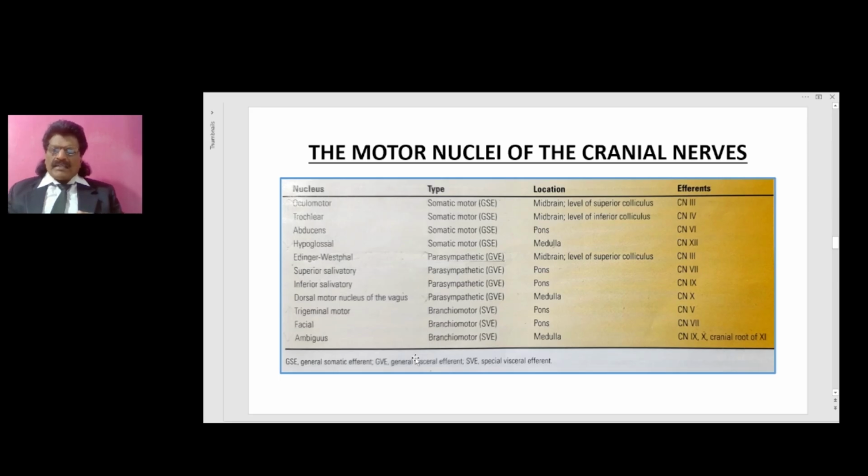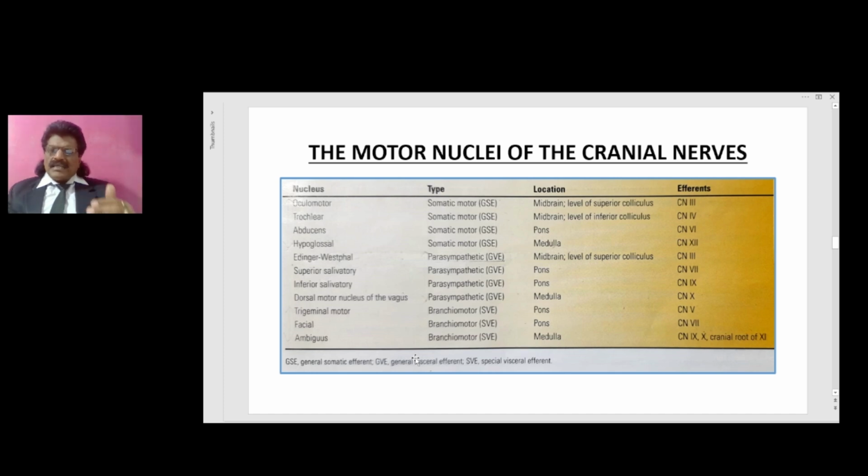It is also somatic motor, general somatic efferent at the level of the pons. Then we have hypoglossal, the 12th nerve, somatic motor efferent, medulla oblongata. So these are all the general somatic efferent. So 3, 4, 6, 12 are the general somatic efferent.